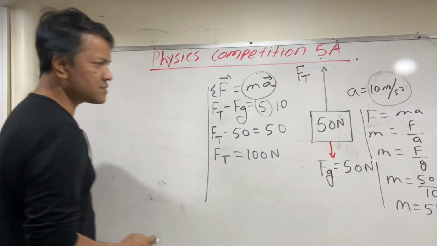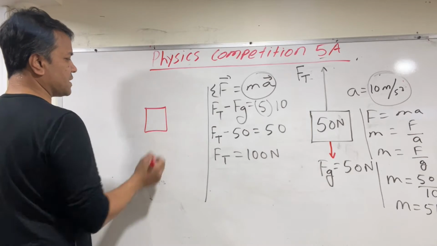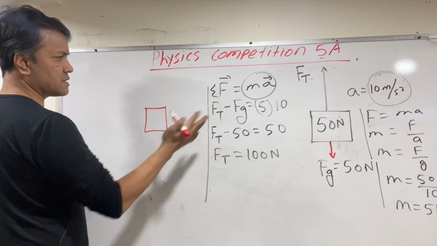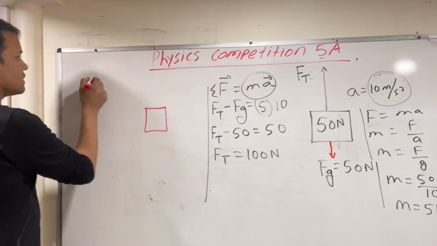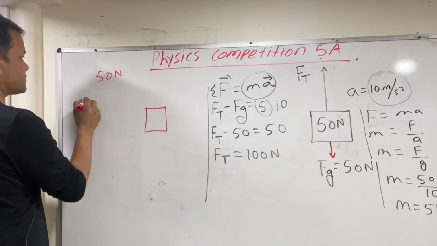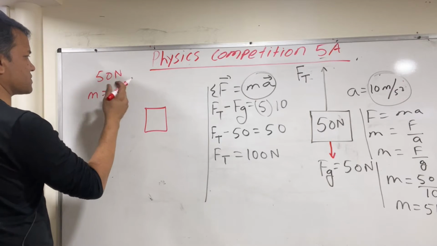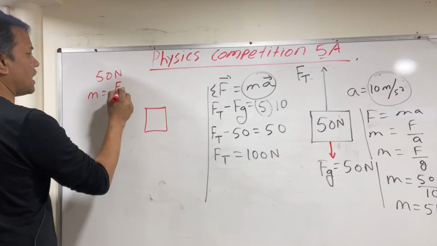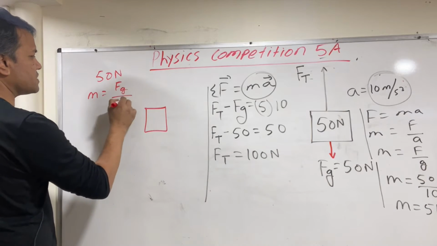Okay, let's solve this problem a slightly different way. With this 50 Newton, I want to find the mass. So what is mass? Mass is, always, without any exception, Fg over g, right?